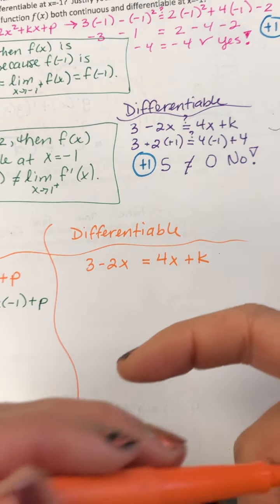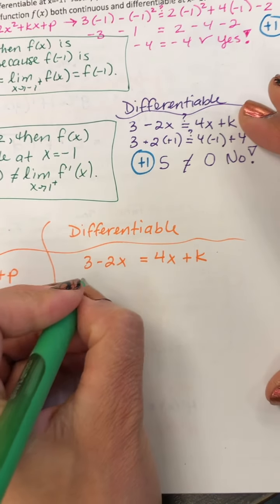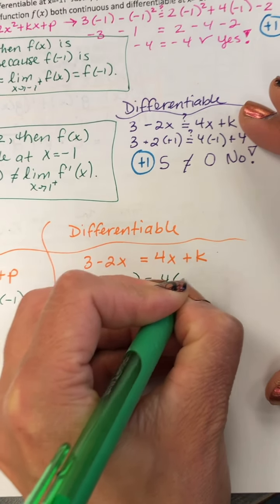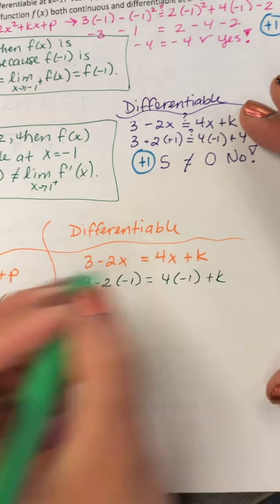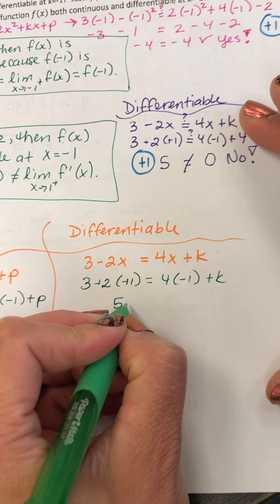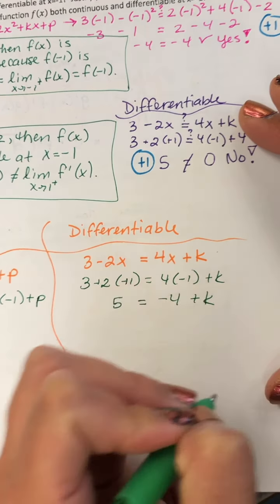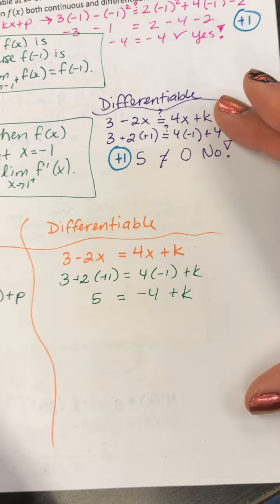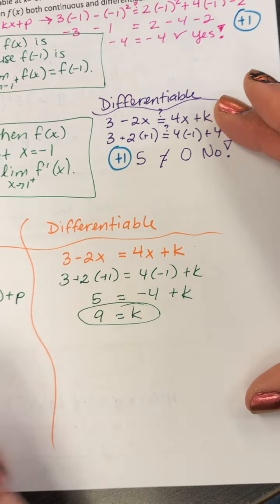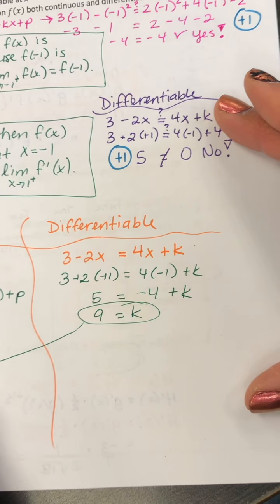Okay, so now let's plug in the -1 for x. So 3 minus 2 times -1 equals 4 times -1 plus k. So that's going to turn positive. 3 plus 2 is 5. -4 plus k. Oh, we can solve for k. Woohoo! Add 4 to both sides, and we're going to get that k equals 9. All right, so let's go and plug that in for k right here.